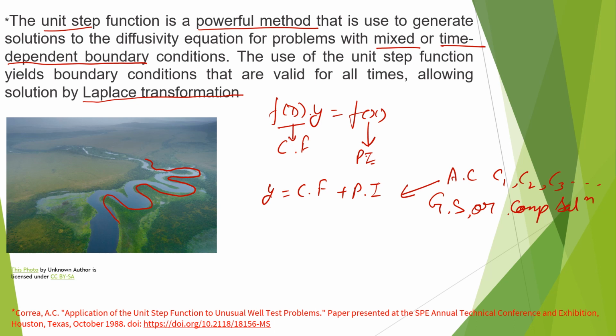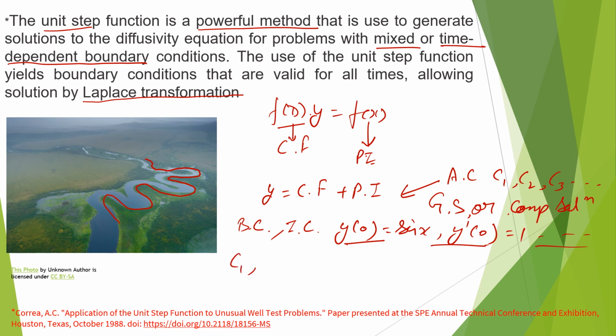But by using the boundary conditions and initial conditions, like y(0) is equal to something like sine of x, or y dash 0 is equal to 1, by using these types of conditions we get the exact, particular values of c1 and c2.